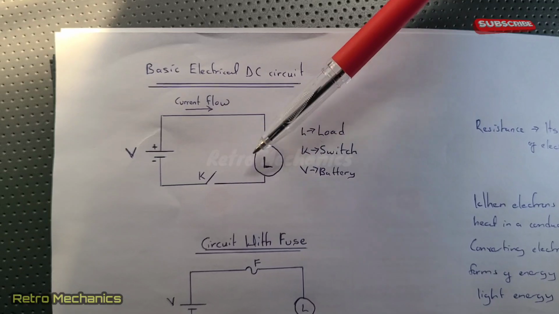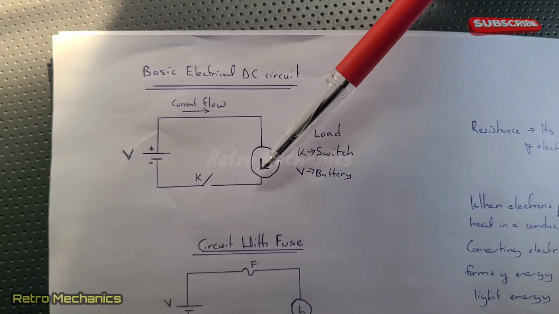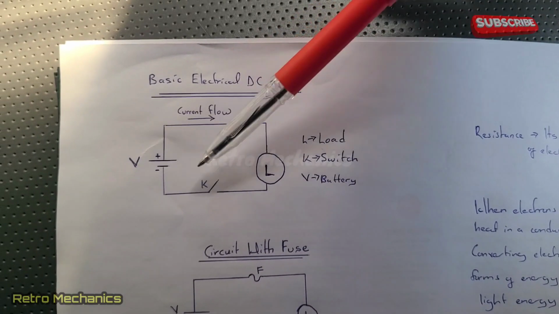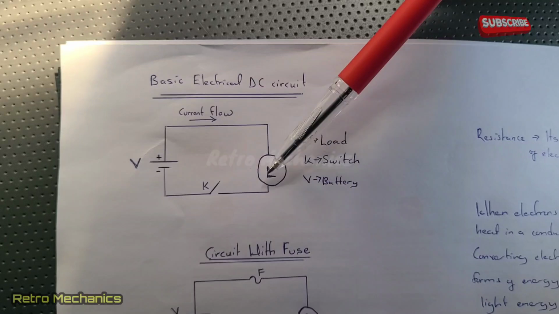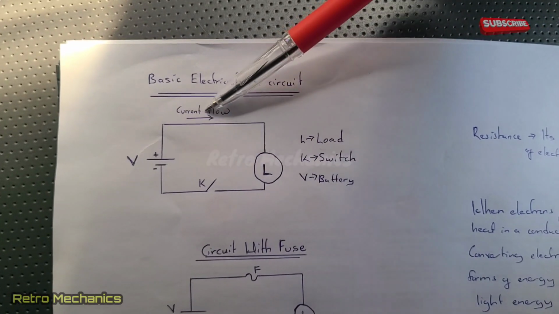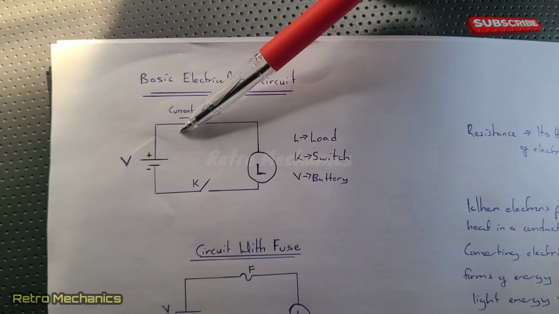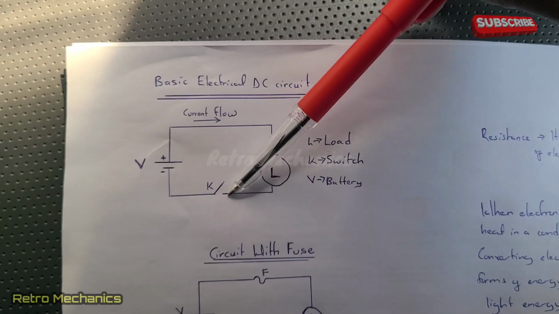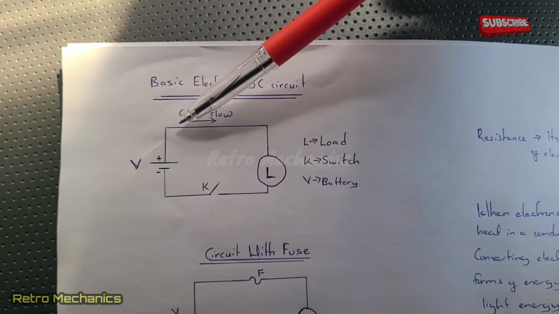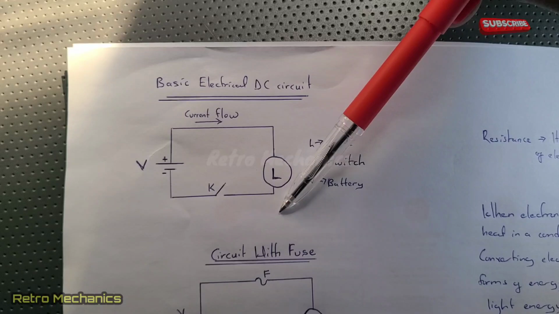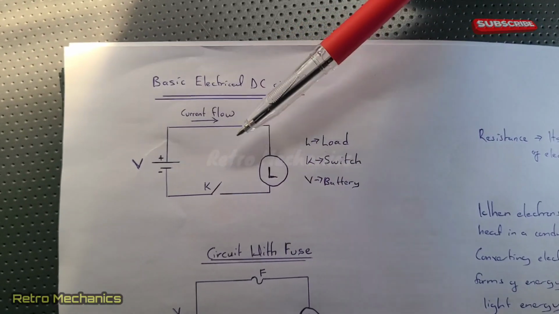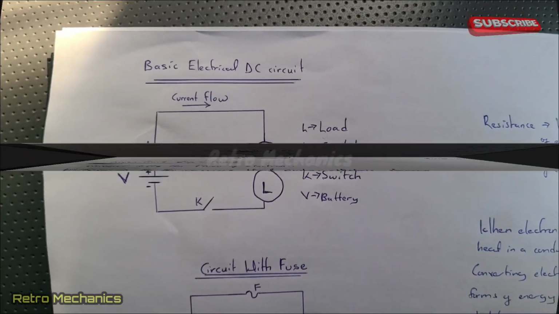So basically, that's how electricity works. Whenever the electrons are flowing, they generate heat. The amount of electrons flowing through a circuit is what we call the electrical current.